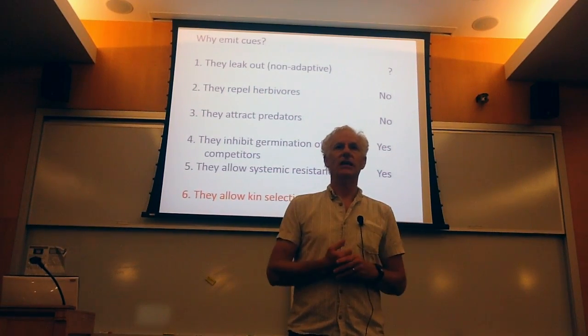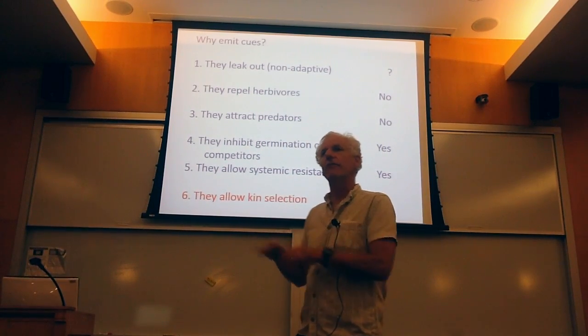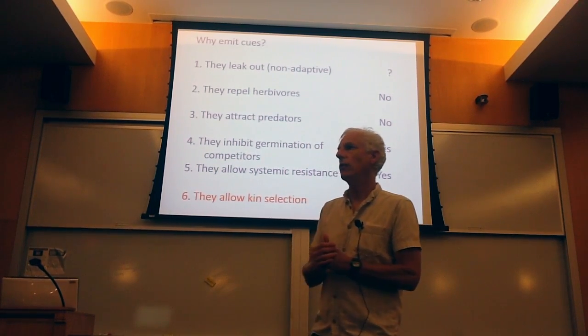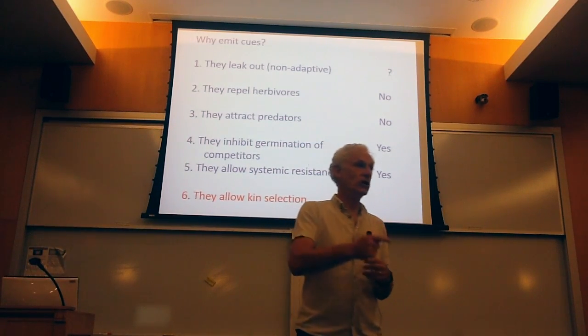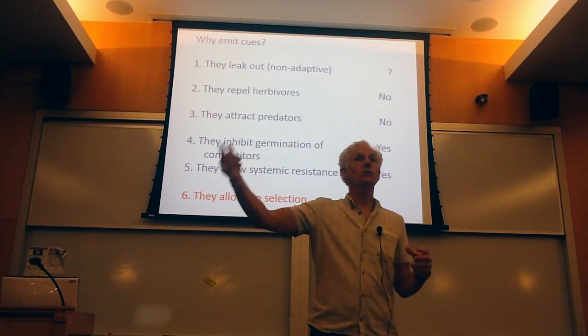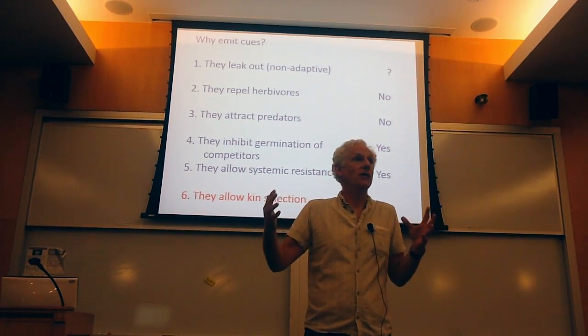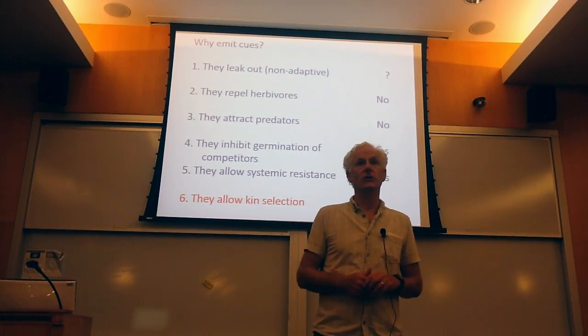And that got us thinking that maybe that's really the driver here. And if that's the case, we wondered if plants would be able to distinguish between their own cues versus the cues of another plant. Can they communicate? Will they respond more effectively to their own cues than to somebody else's cues?